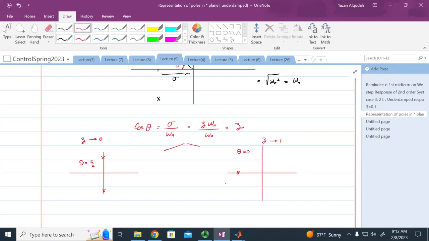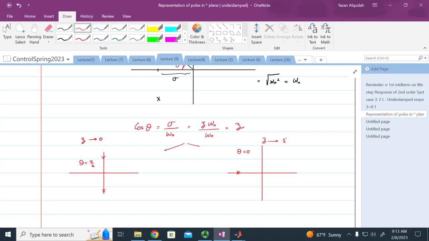Why did I not write zeta equals 0 and zeta equals 1? I wrote when zeta approaches 1.